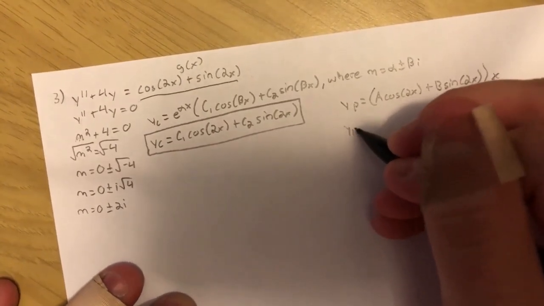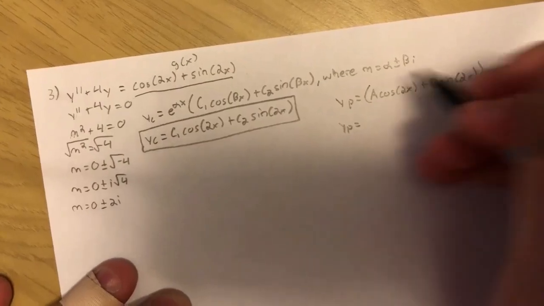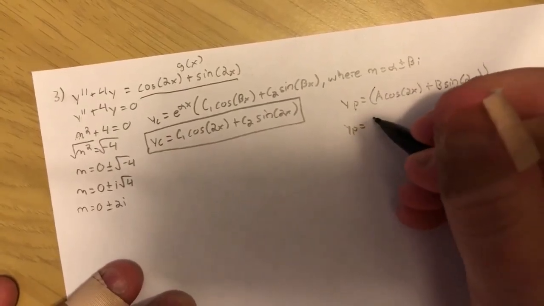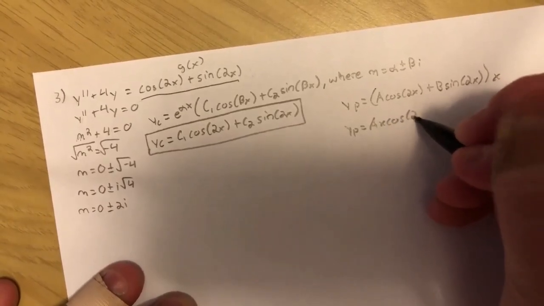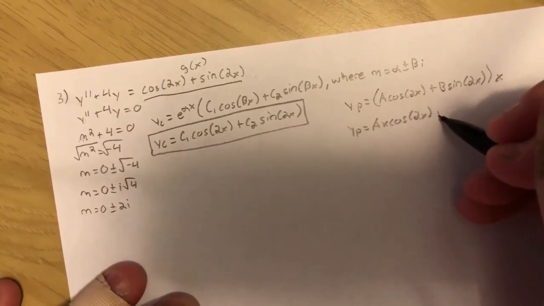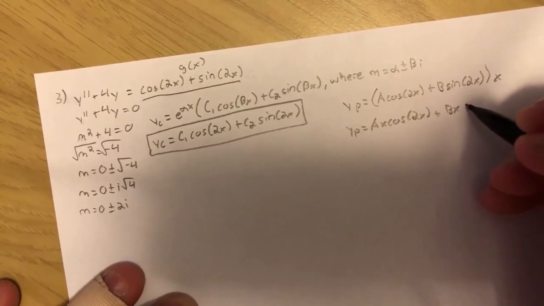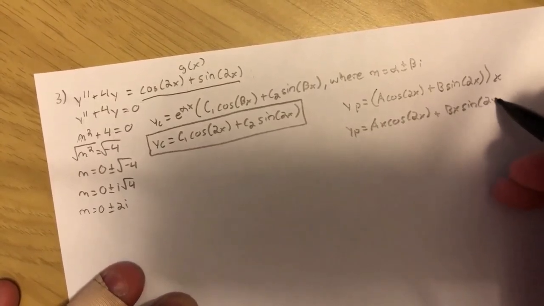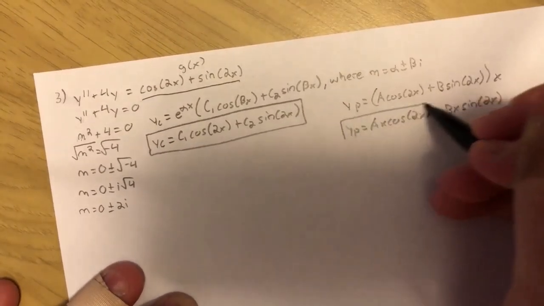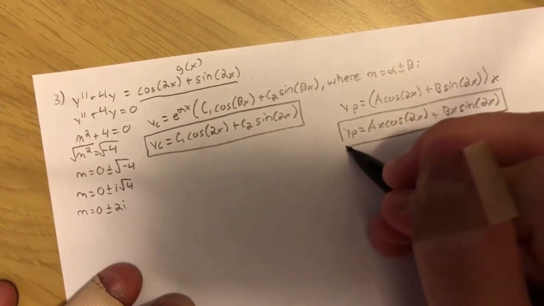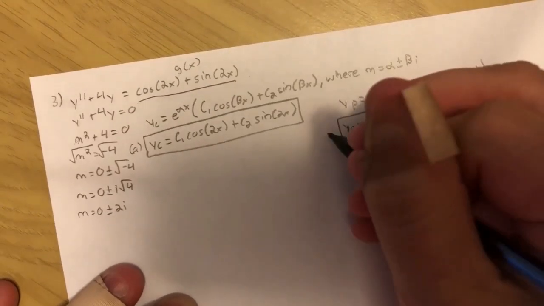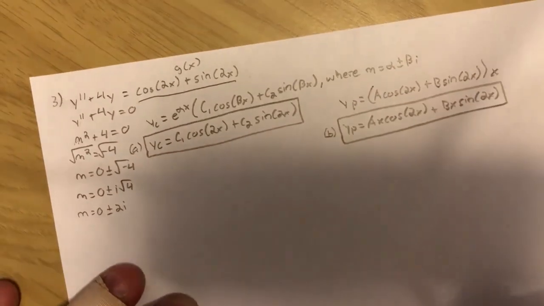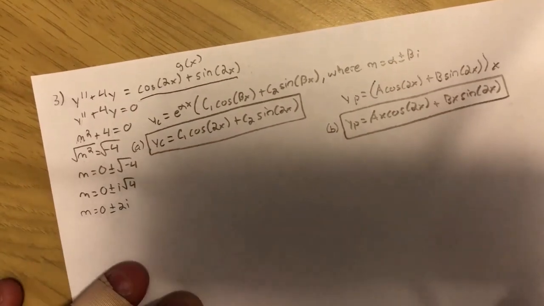So now our new form of y sub p, I like to factor in the x, you don't have to, is ax cos of 2x plus bx sine of 2x. So that's the answer to part B. I like to write what part is the answer for next to it, just to make things a little organized.